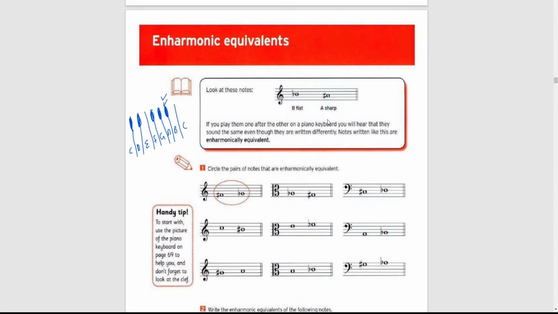If you play them, it's the same key, but when you write them, they are different notes altogether. Okay, so those are called the enharmonic equivalents.